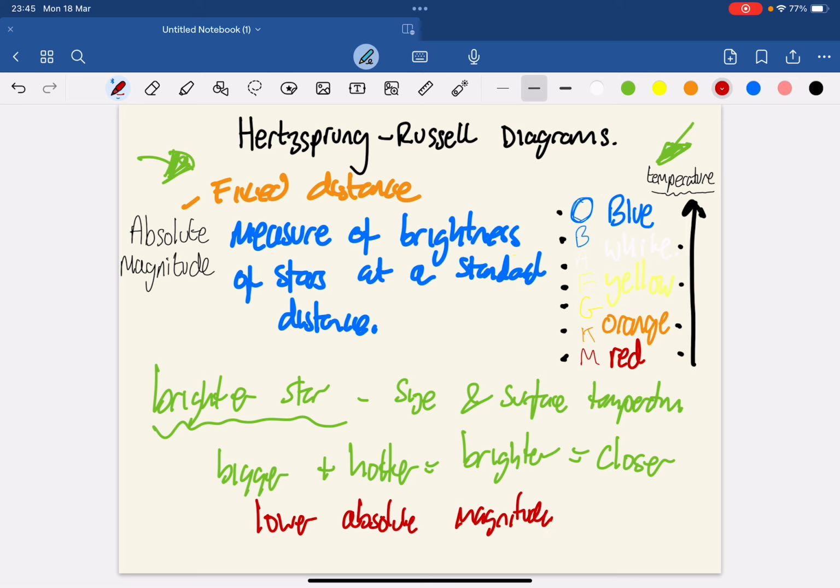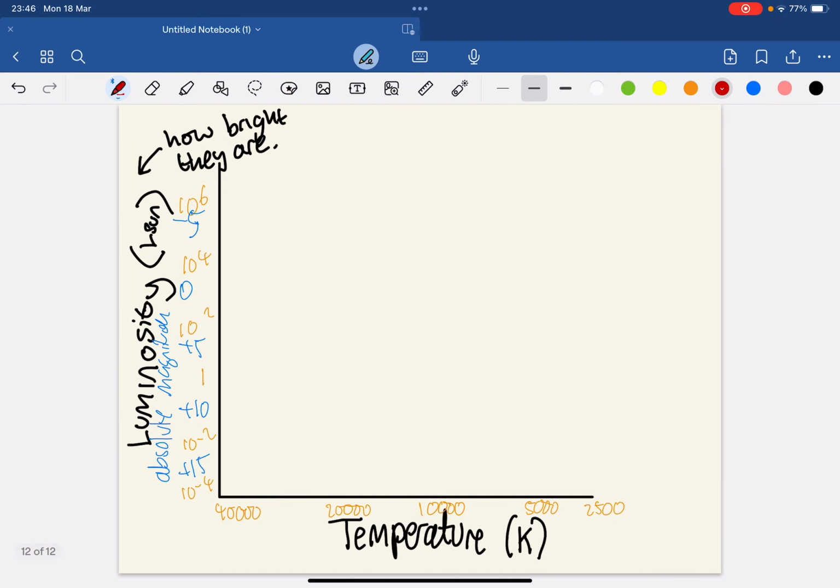So even though it's bigger and hotter and brighter and closer, it's going to have a lower absolute magnitude. And that's when we come across what we call the Hertzsprung Russell diagrams.